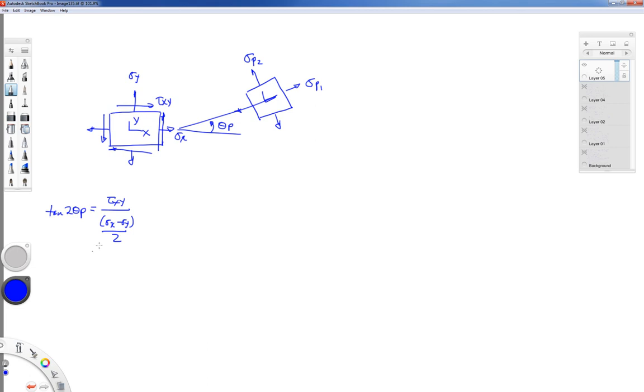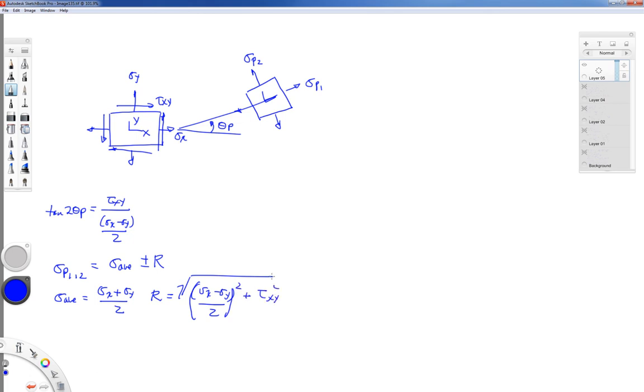The value of the principal stresses, you write it this way, sigma P1 and sigma P2 is equal to the average normal stress plus and minus this R term, where the quantity sigma average is sigma x plus sigma y over 2, and we said R was the square root of the quantity sigma x minus sigma y over 2, squared, plus tau xy squared.